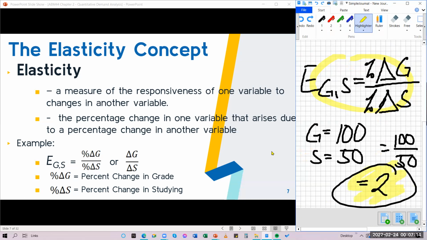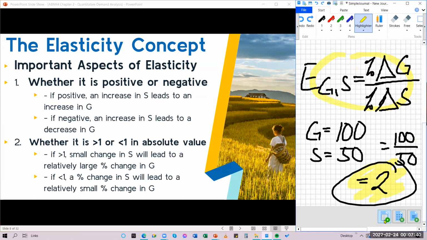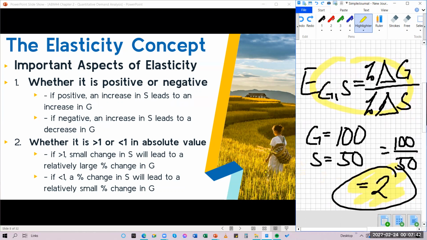Let's interpret this, but first we need to know the important aspects of elasticity. First is whether it is positive or negative. If positive, an increase in studying leads to an increase in your grade, while if negative, an increase in studying leads to a decrease in your grade.